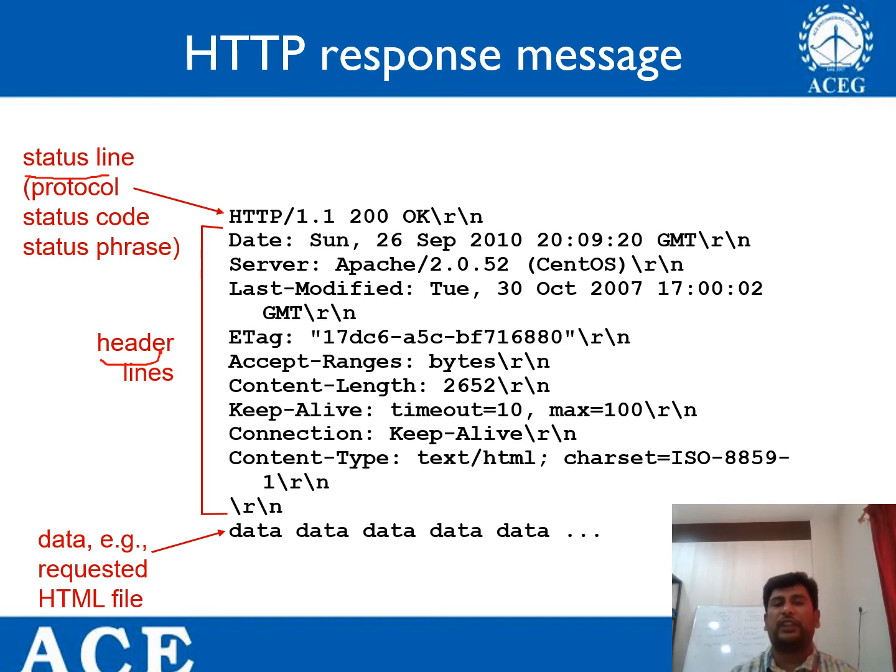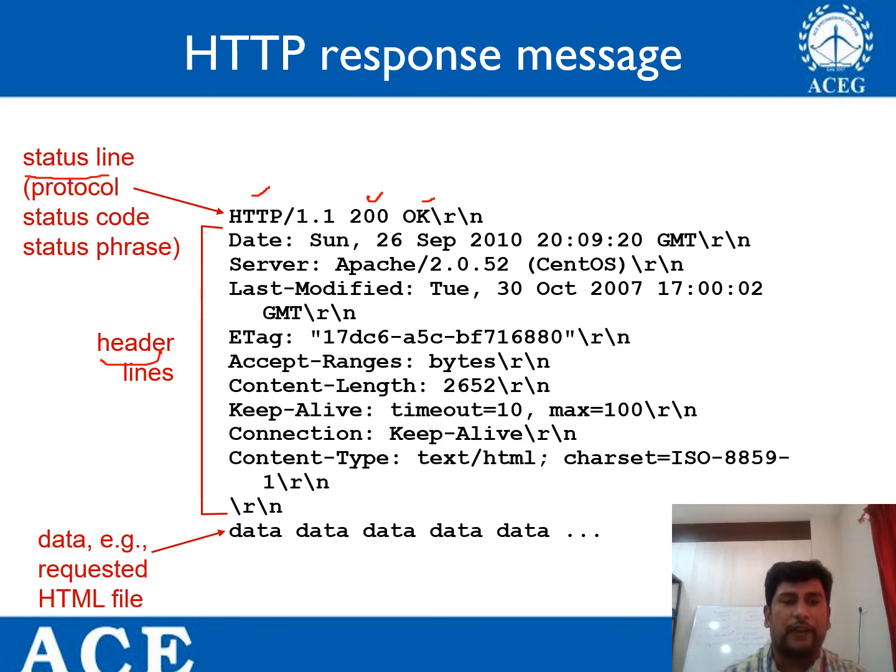Now coming to the status line, this indicates which particular object we are referring to. For instance, we have three columns. The first one of the HTTP status line is the protocol version, then the code of the particular response message, and the meaning of that particular code.